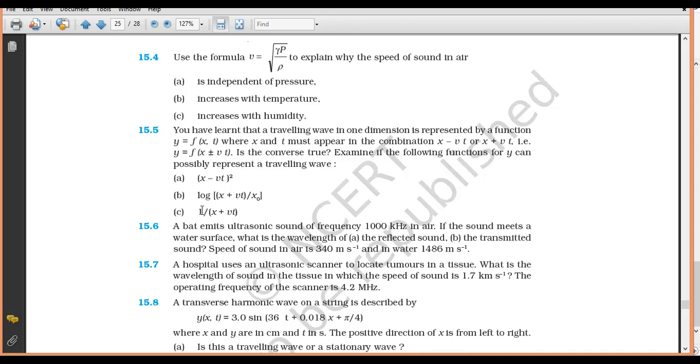The answer is confusing. It says the remaining functions and new function C satisfy this condition. Okay, I think there is some error or something. Interesting. So I think only A will be the correct answer, because C is also undefined, B is also undefined, when x is equal to 0 and t is equal to 0.